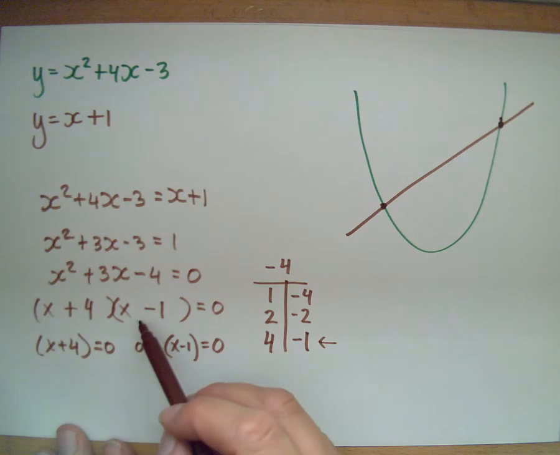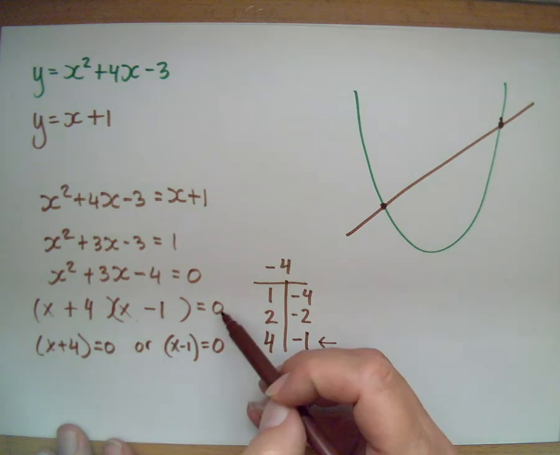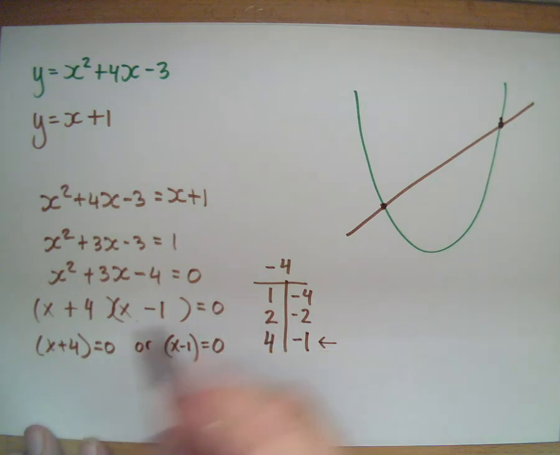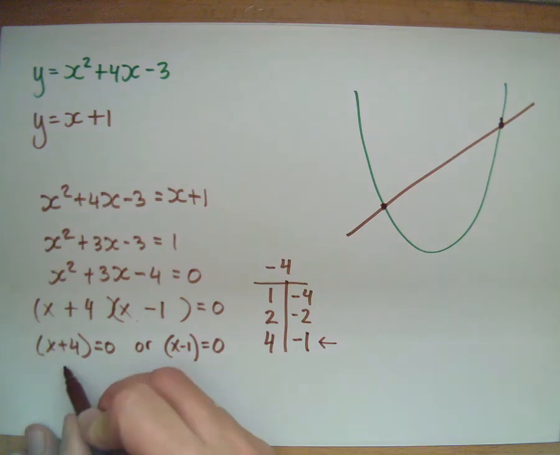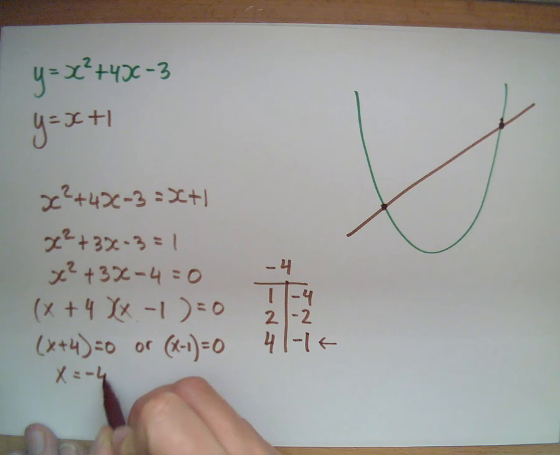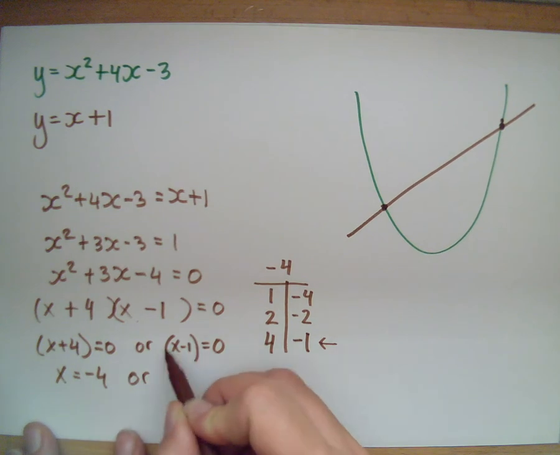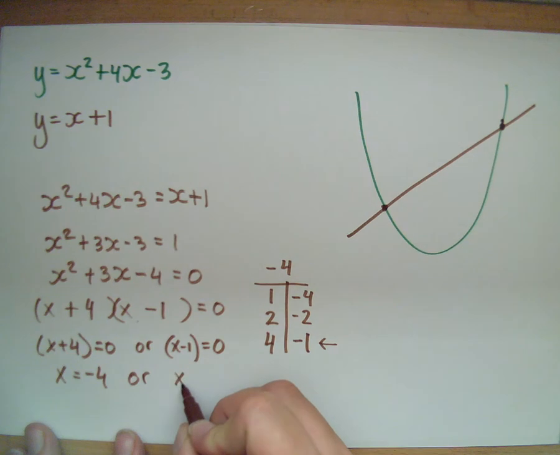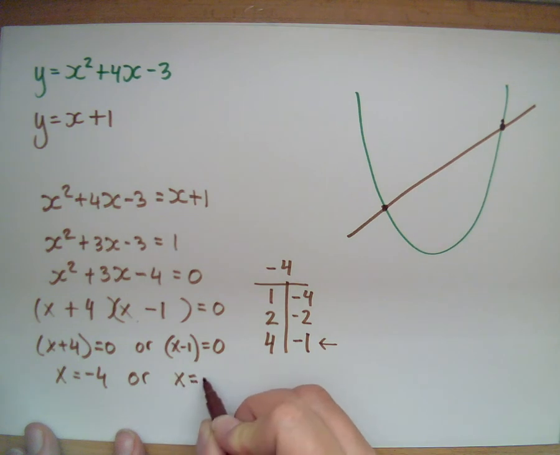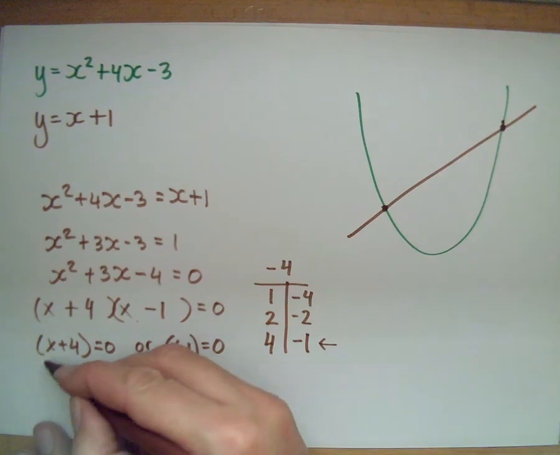One of these has to be 0 for the product to be equal to 0, right? If this factor is equal to 0, that means x equals -4. If this factor is equal to 0, that means x is equal to 1, right?